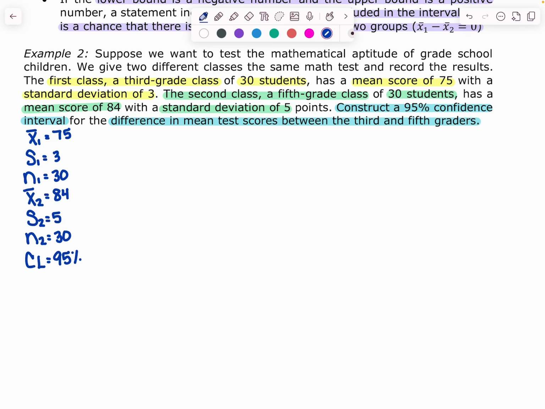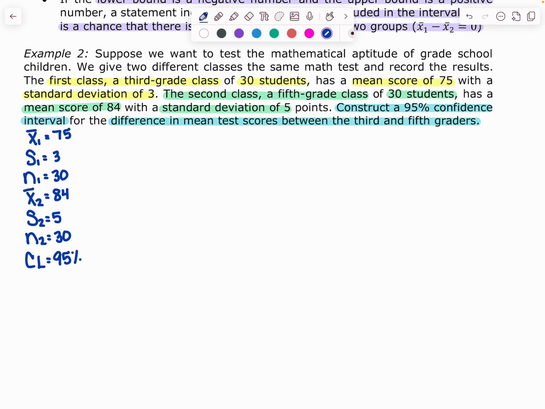So what I'm going to do on this one is I'm actually going to just go straight into the website. The website is going to do all of the work for me. I could go through and find the alpha over 2, and think about what I would plug into the t dot inverse to find the score, but I don't need to do that work because of the degrees of freedom.